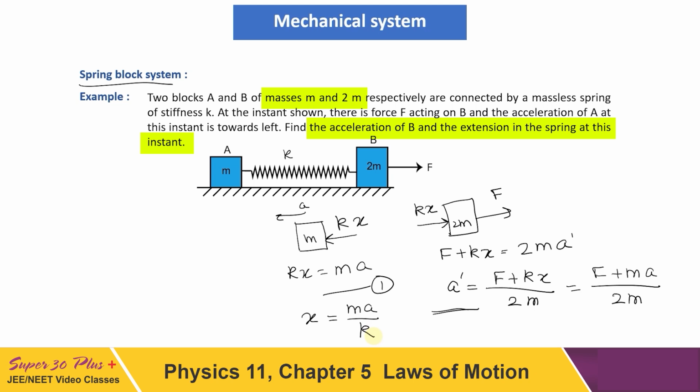So for the condition of maximum elongation or maximum compression, the relative velocity or relative acceleration of its ends has to be equal to 0. Both the ends should move with the same velocity or acceleration. Here in this example, it was not provided that this compression is the maximum, so I have taken the acceleration of the blocks to be different.